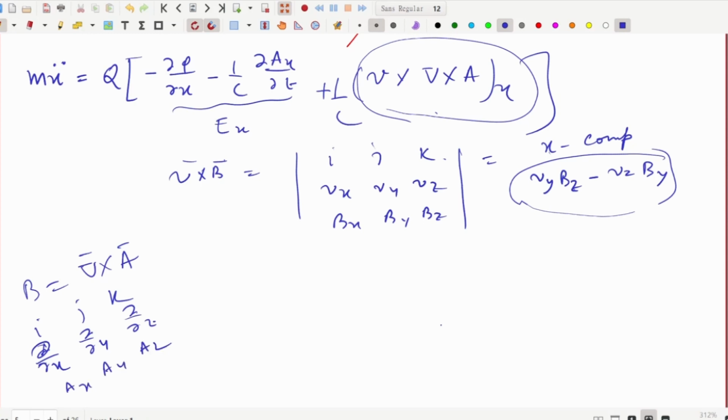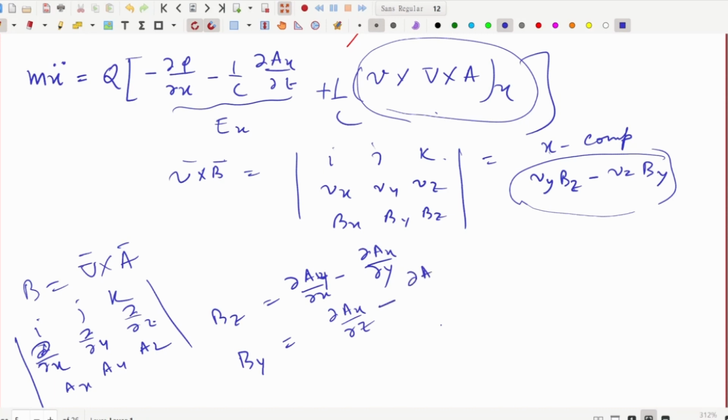If you calculate this determinant, for B z and B y we need: B z will be del A y del x minus del A x del y, and B y will be del A x del z minus del A z del x.